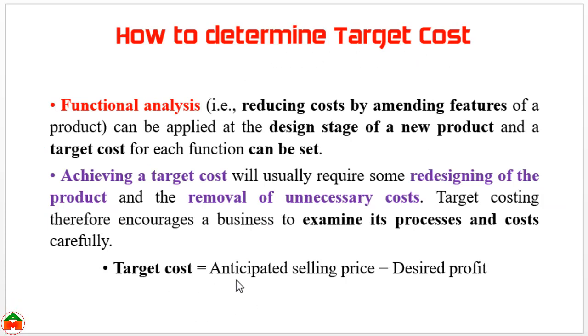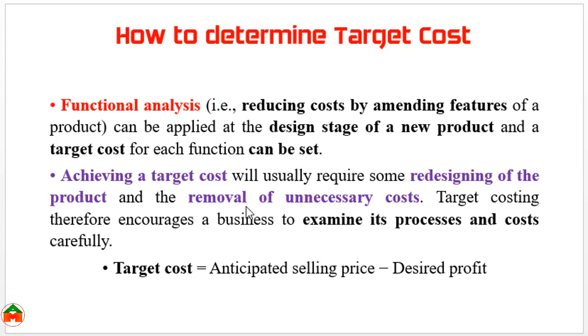The formula is that we need to deduct the desired profit from the anticipated selling price. I am repeating, whenever we deduct the desired profit from the anticipated selling price, we get the target cost. And to achieve the target cost, we need to redesign the production process of our product or service so that we can remove the unnecessary cost.